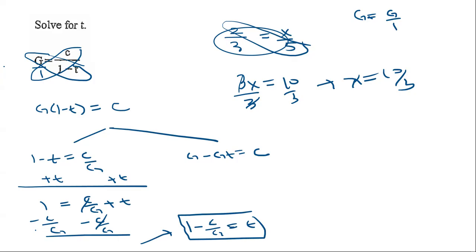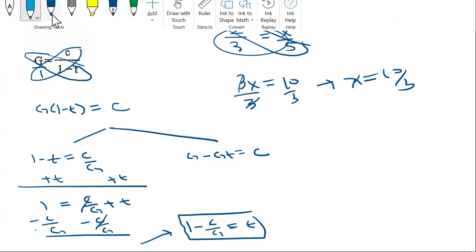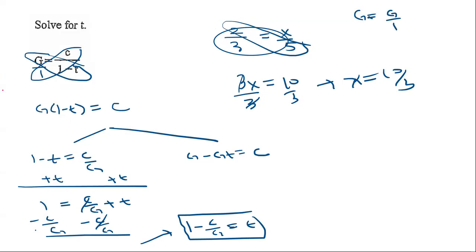Again, that depends on how I approach this problem. The other way is this one here. Because I don't like negatives, I'm going to make that positive, so I'm going to add a gt.